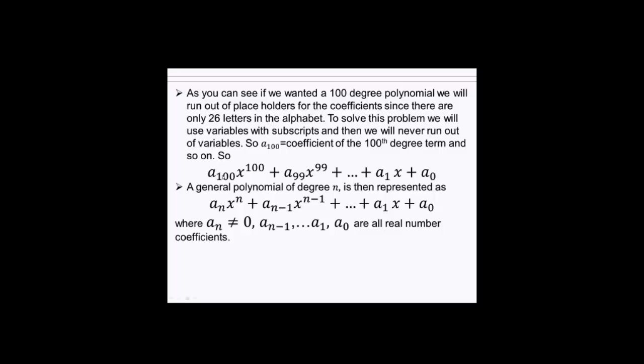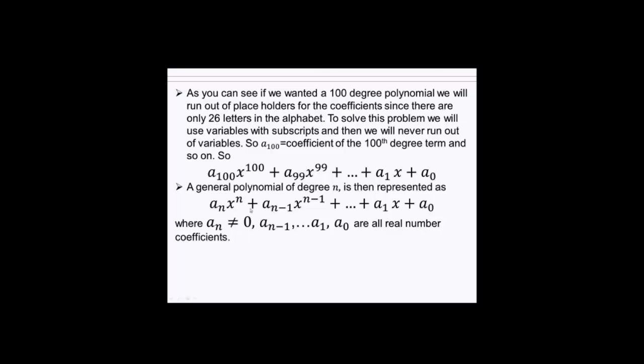So if I wrote this polynomial as a subscript 100, that's just saying this is a variable, and then x to power 100. So this is the coefficient of x to power 100. This is the coefficient of x to power 99, and so on. And so this is a generic polynomial of degree 100. In general, a polynomial of degree n is then represented as a subscript n, x to power n.